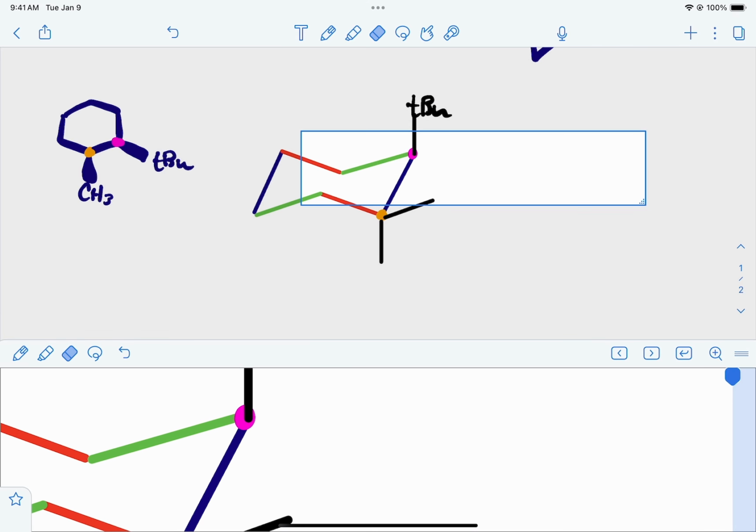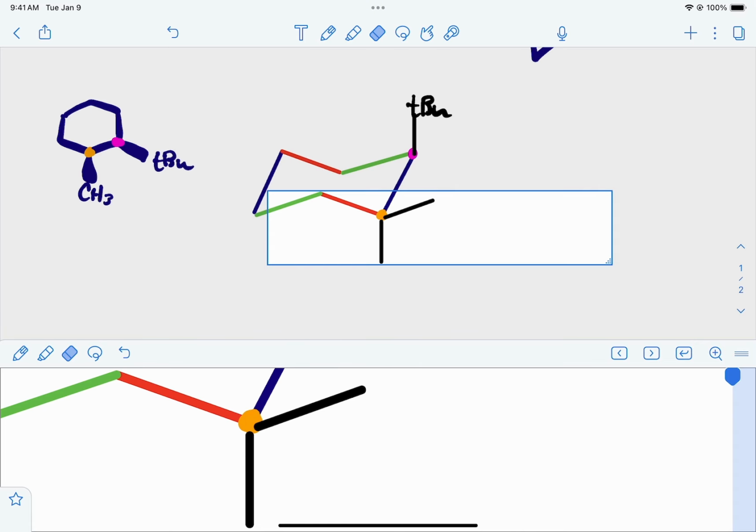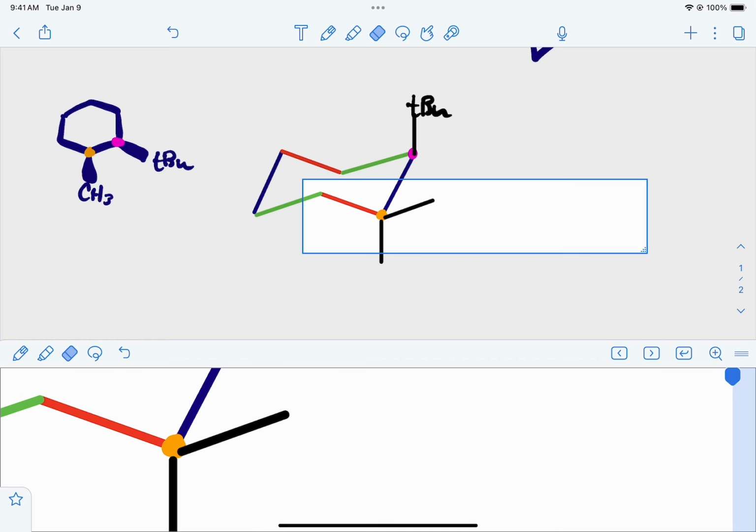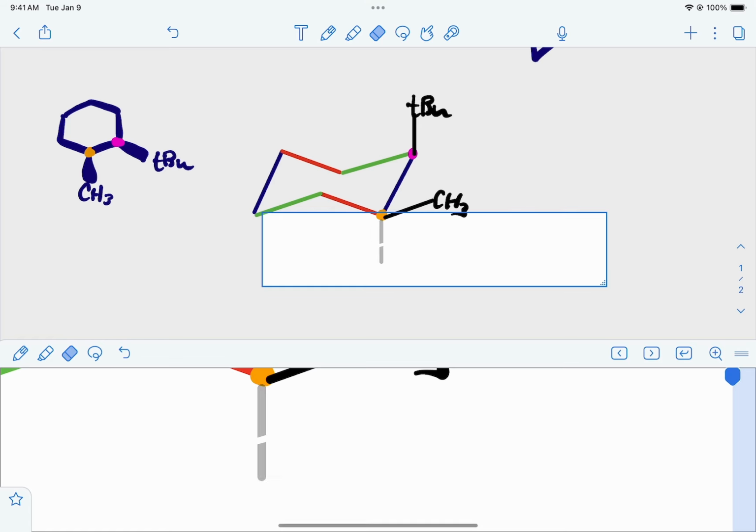Then on the orange carbon, the methyl is also up. It's a wedged bond. So on the orange carbon, the up bond is equatorial. So we've got methyl equatorial. And then the hydrogen is axial. We don't care about it. We'll erase that. So there's our first chair.